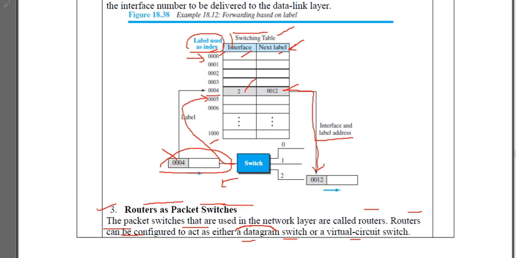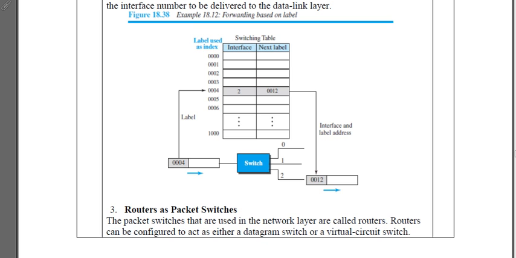So in that there are two configurations. First one is the datagram switch and second one will be the virtual circuit switch. So that is the third method for forwarding the IP packets. So that will complete this forwarding of IP address topic.